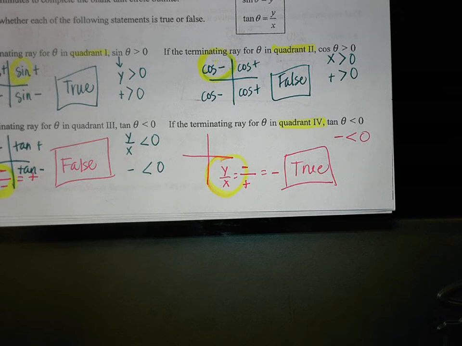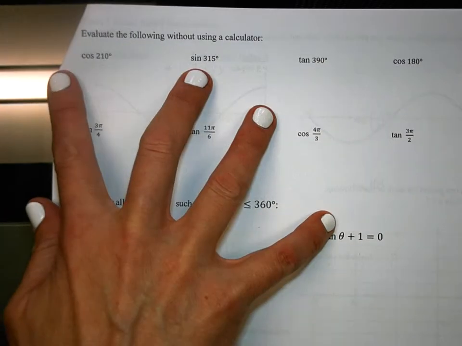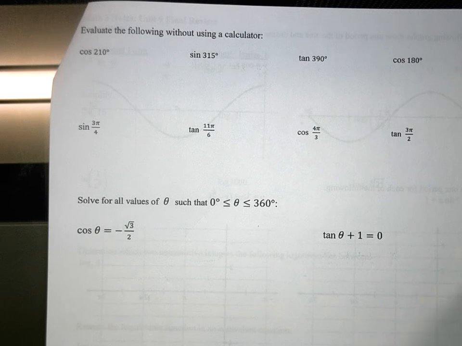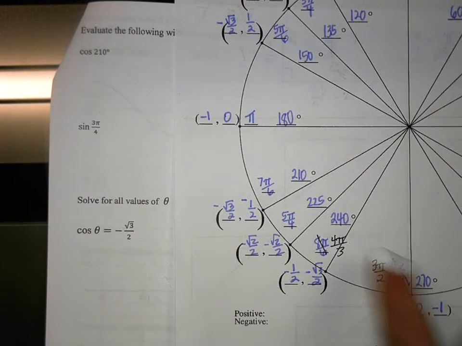Any questions? All right, let's turn the page. Again, you're going to use your unit circle on this. Okay? You should have this right now near you. And so if you find 210 degrees on here, do you see 210 degrees?